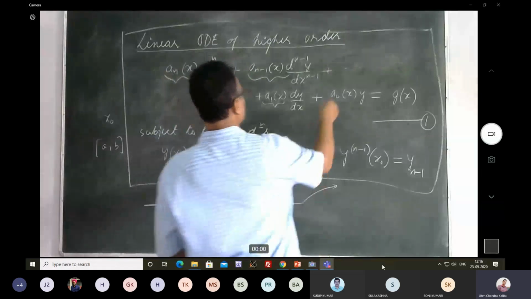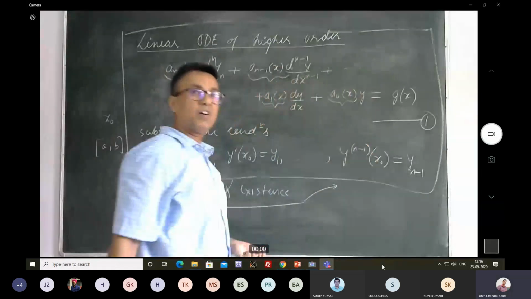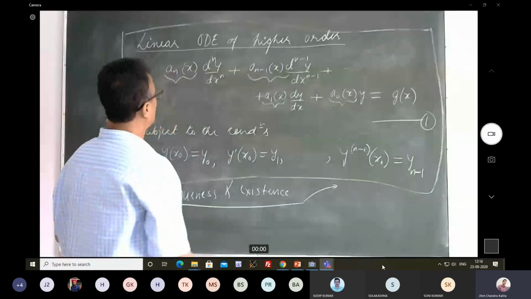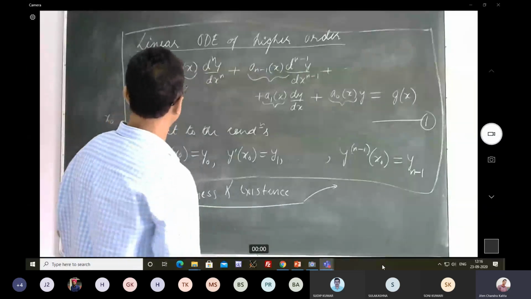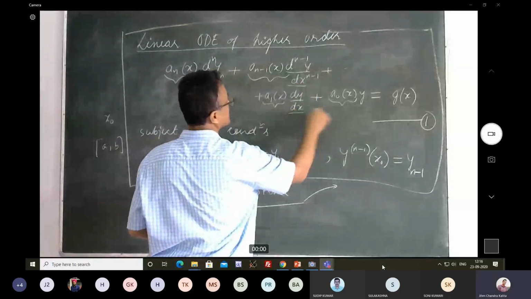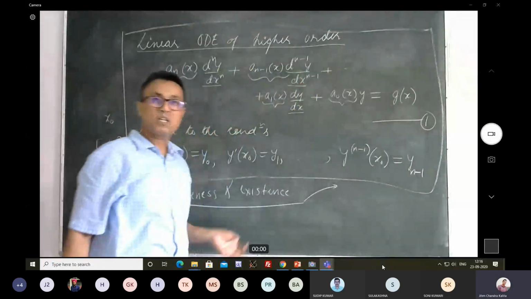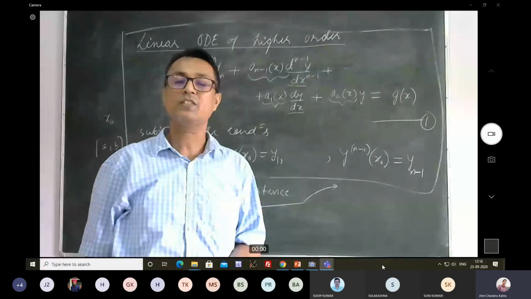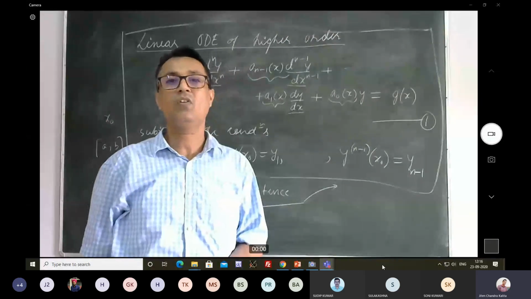Okay, so all of them are nothing but functions of x. Okay. So now you can see that here all the derivatives being considered are simply in the linear form.